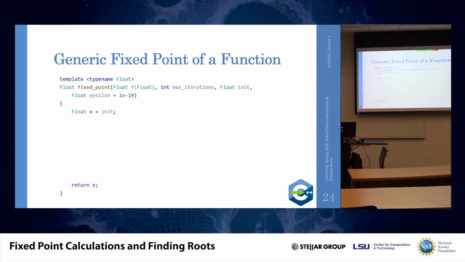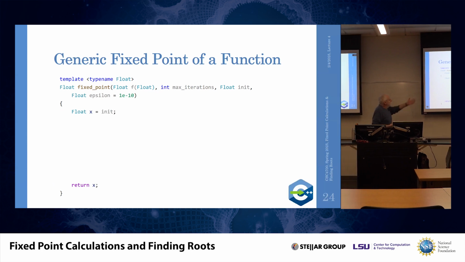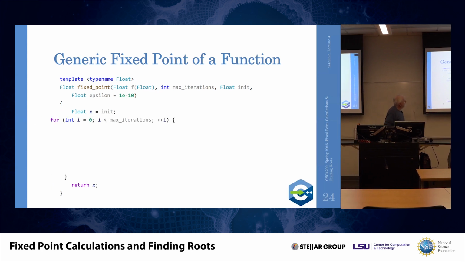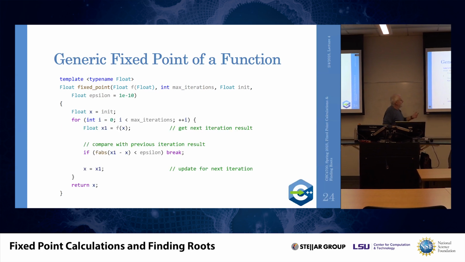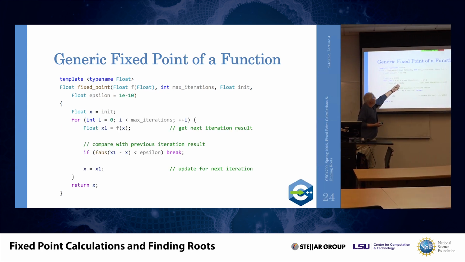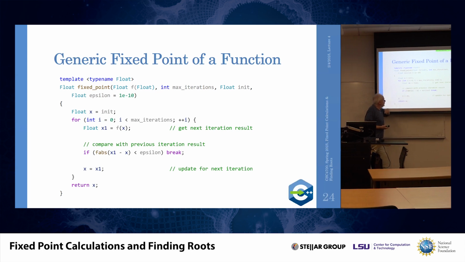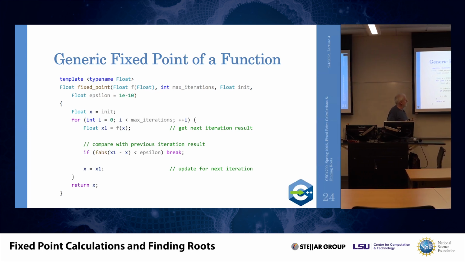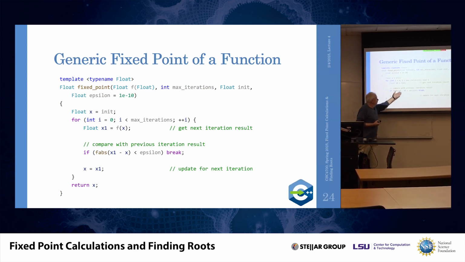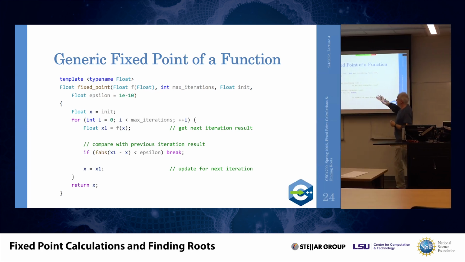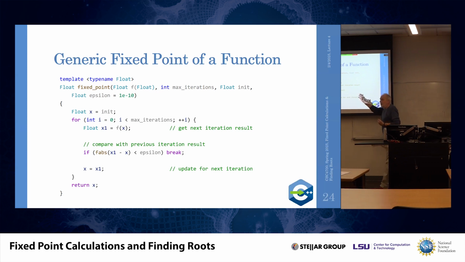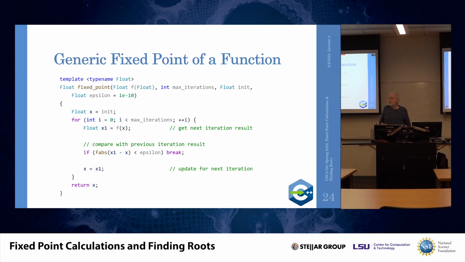Okay, now let's write the same function again. We initialize our initial value. We have the set of iterations. We compute, call f with our current iteration variable. We check for the epsilon, and if we are close enough, we break our loop. So in the end, it's absolutely the same code as before.